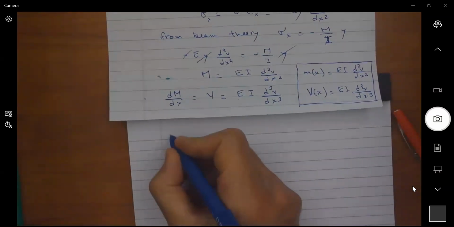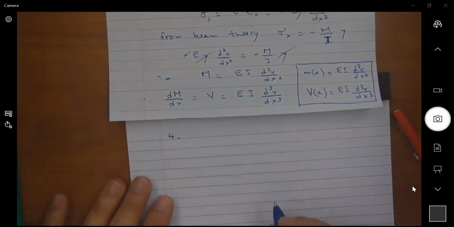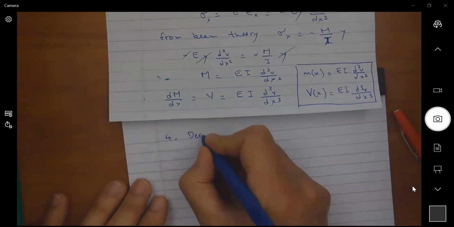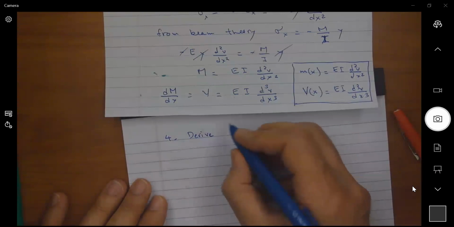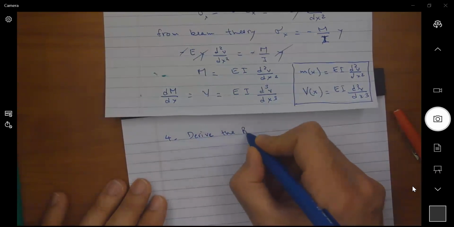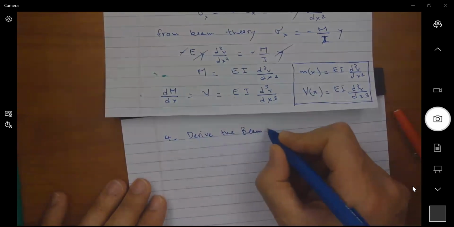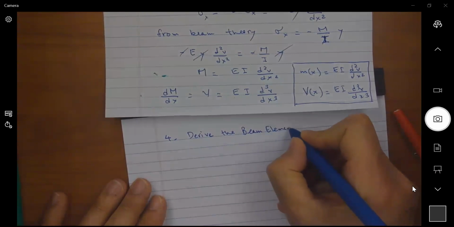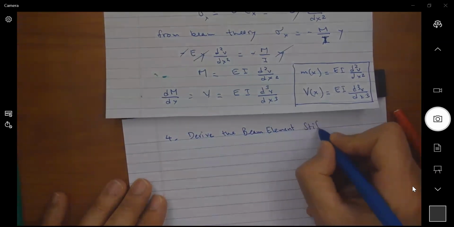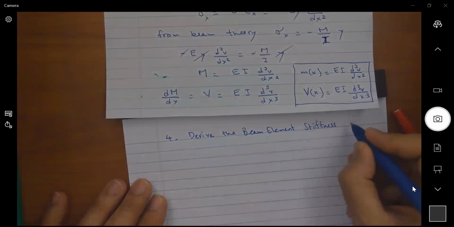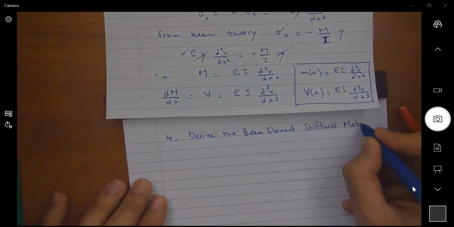Okay, step number 4. We want to now derive the beam element stiffness matrix or stiffness equations.